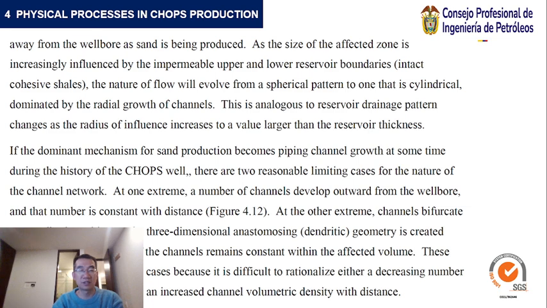These are considered to be limiting cases because it is difficult to rationalize either a decreasing number of channels with distance or an increased channel volume density with distance.